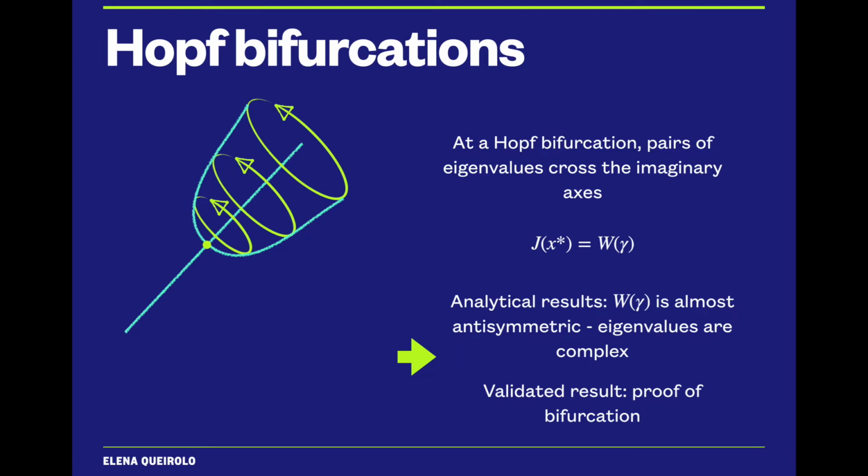With the introduction of the perturbation, on one side we'll lose these analytical statements, on the other we're able to retrieve non-degenerate Hopf bifurcations. So the validated results in this case are this combination of an analytical intuition and computations that allow us to consider the specific case for any given perturbation of the system. So we are able to give proof of bifurcation even in cases in which W is not exactly antisymmetric with a diagonal.